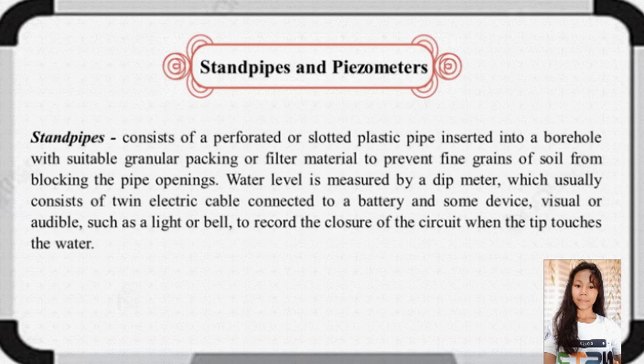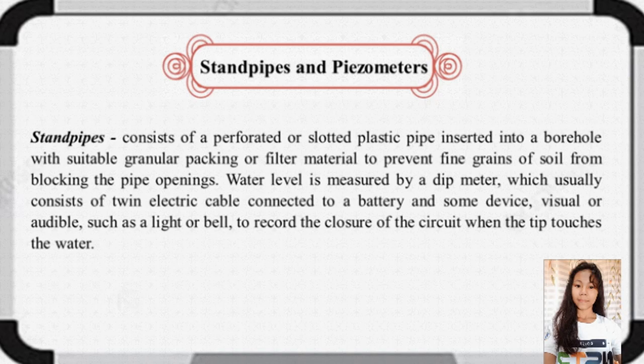Standpipes and piezometers. Standpipes consist of a perforated or slotted plastic pipe inserted into a borehole with suitable granular packing or filter material to prevent fine grains of soil from blocking the pipe openings.